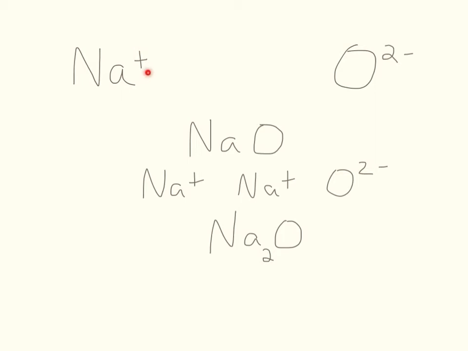What's the top number called? Good, superscript. What is the superscript called? Oxidation number. What does it represent? Charge of the ion. And you can figure it out by looking at the periodic table or the number of valence electrons.